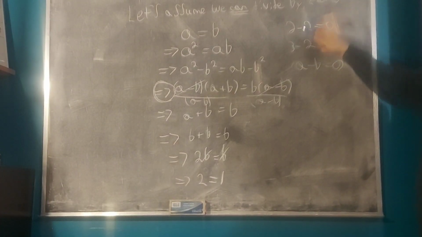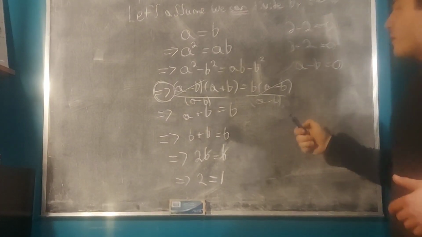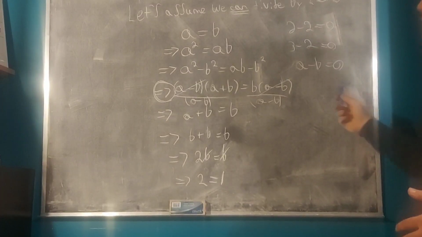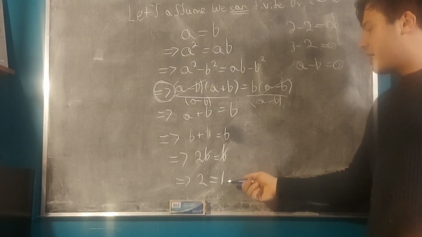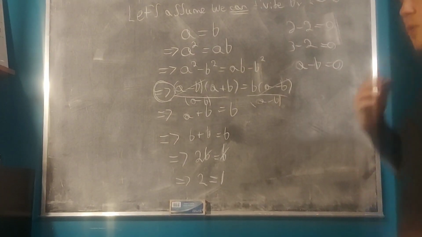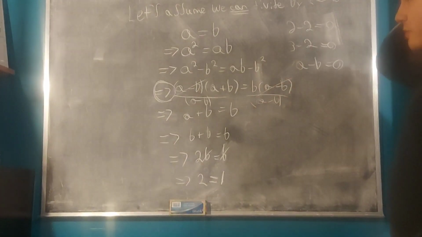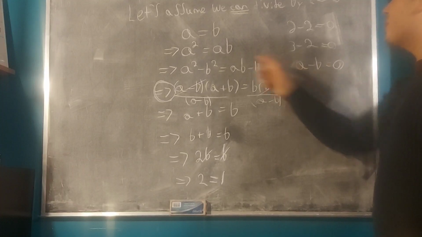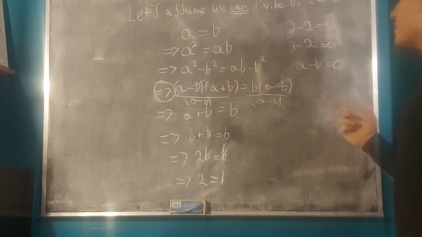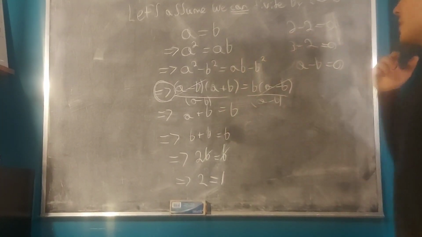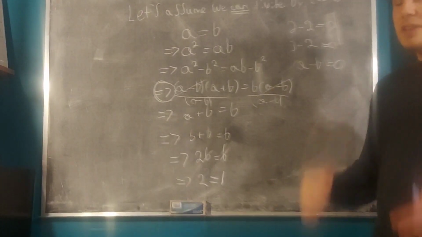And then, as we continue through this algebra, we arrive to a point where we have nonsense. And I'm sure you know as well that everything else we did in this algebraic manipulation was definitely correct. When we factored things out, when we added, everything was okay. Everything else was fine.